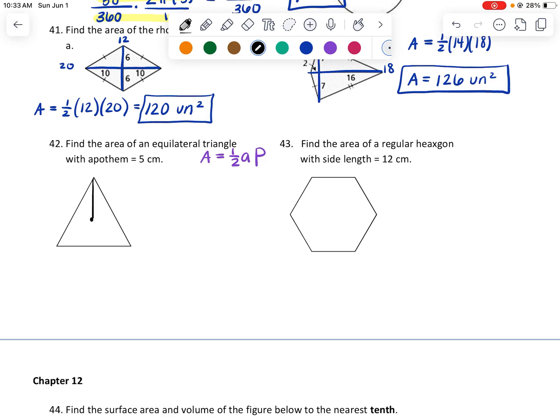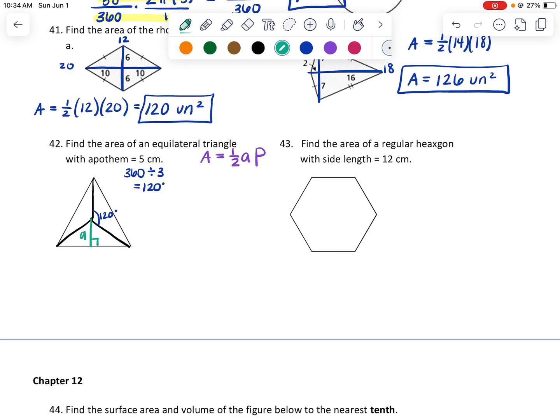So I go ahead and draw my center of the polygon, and I create my radius to each vertex. We start by doing 360 degrees divided by the number of sides, and so we get 120 degrees, and that is this whole entire angle.